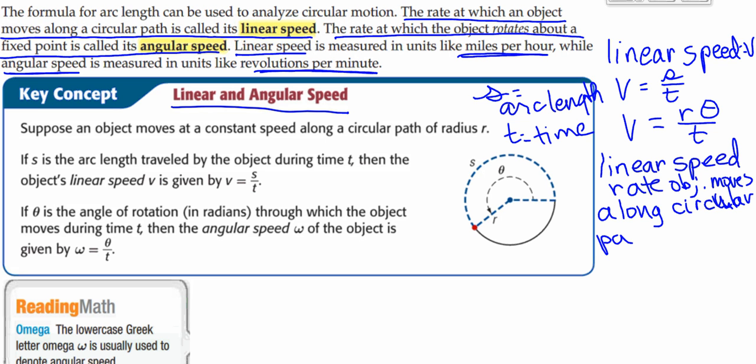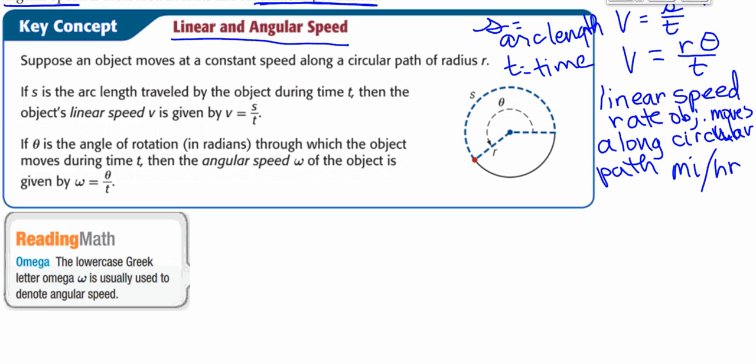You might even put miles per hour, something that's recognizable for you, feet per second, things like that. That can help you decide, because sometimes it's hard to decide whether you're talking about linear speed or angular speed. So that's all linear speed.